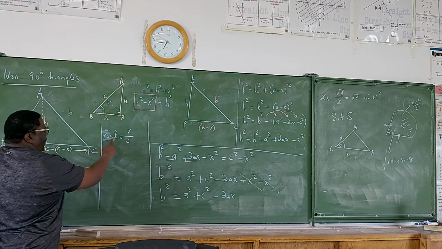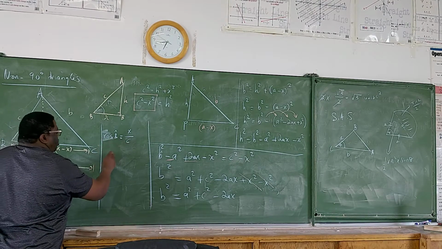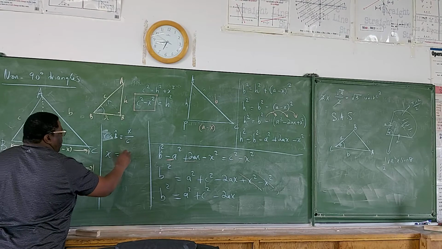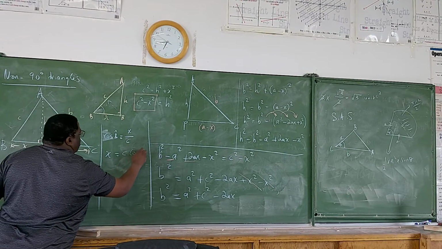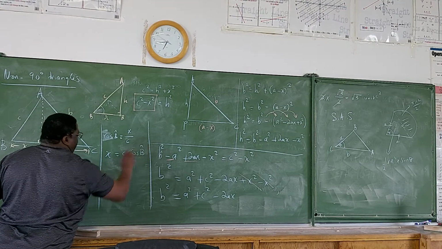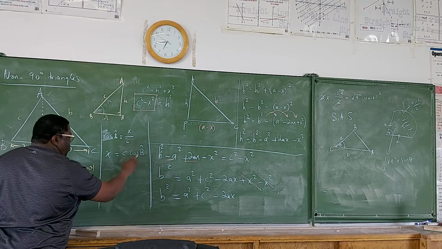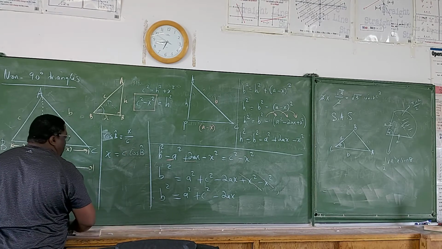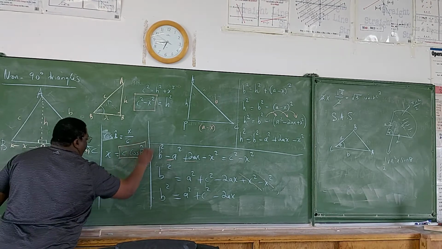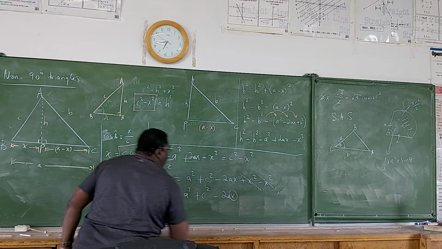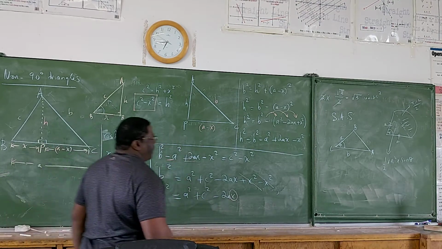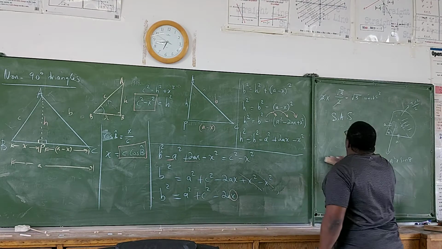When you want to find that, you will cross multiply. So x would be c times the cos of what? B. See that? Cos of B. So I'm going to take this value here and I'm going to replace it here. Are you with me? Good.